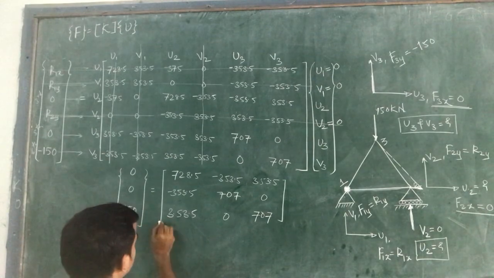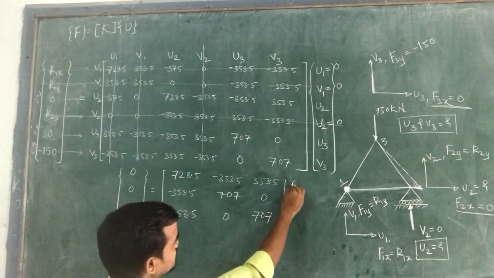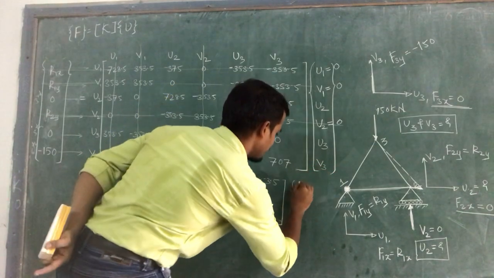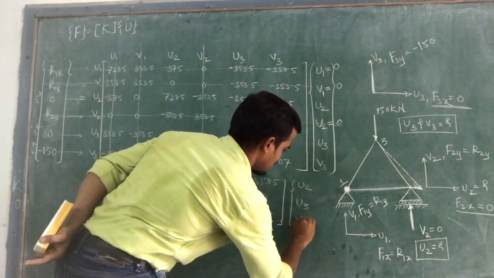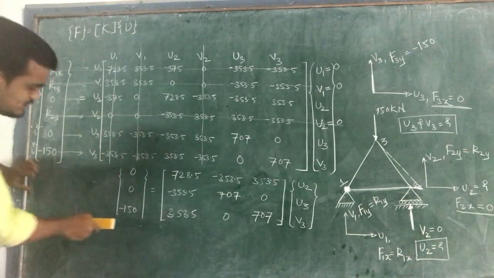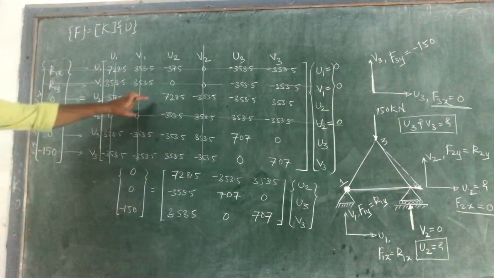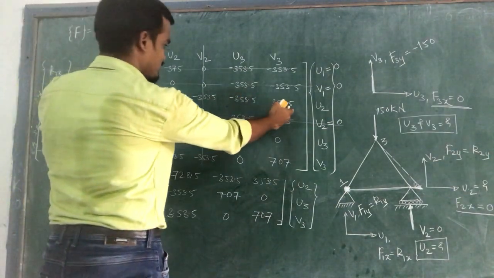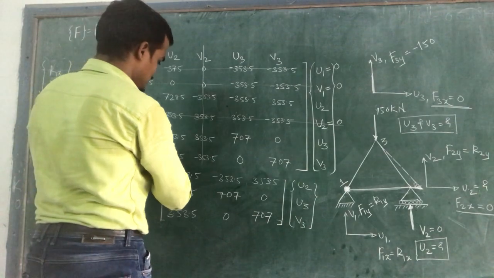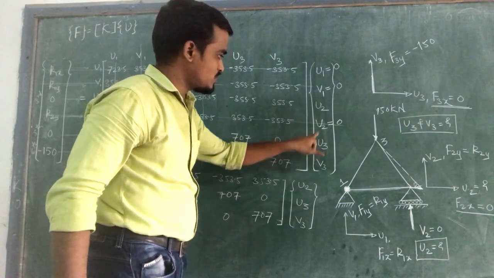In this way you will get the eliminated system. You will get these remaining 3 equations in u2, u3 and v3. So these are the 3 remaining equations: 0, 0, minus 150 on the left, equal to the matrix 728.5, minus 353.5, 353.5; minus 353.5, 707, 0; 353.5, 0, 707, multiplied by u2, u3 and v3.